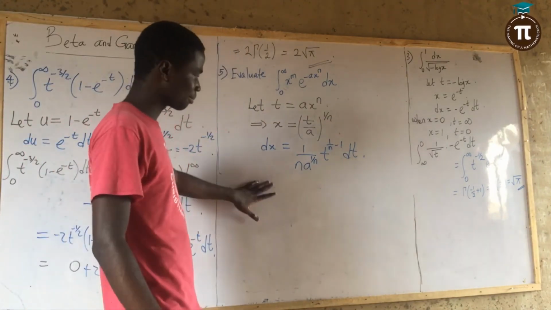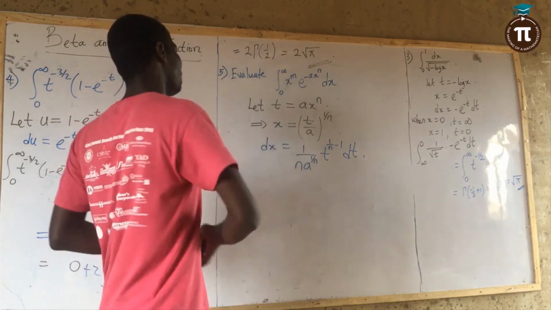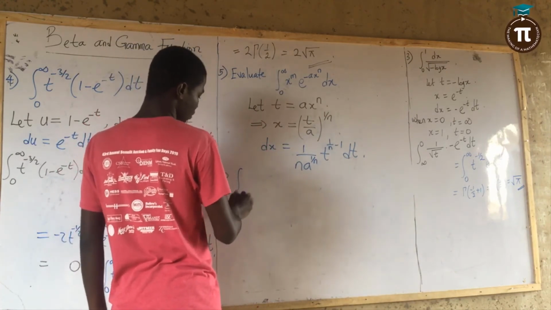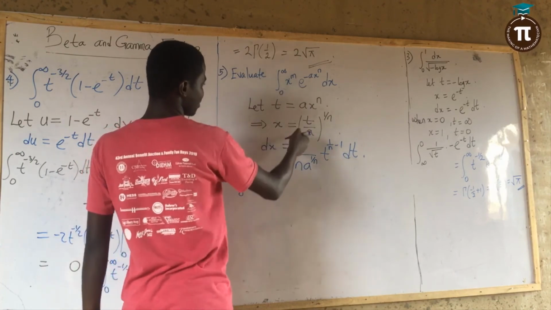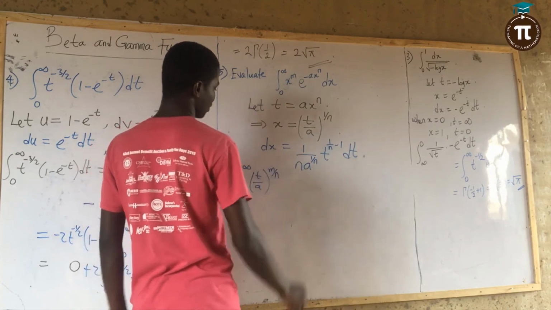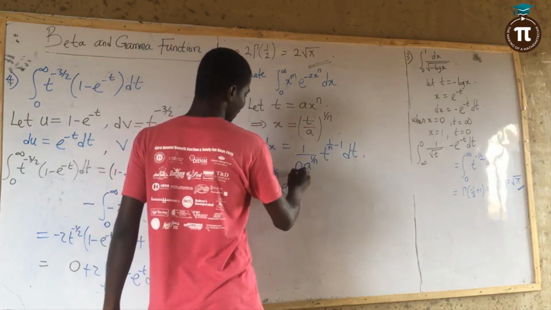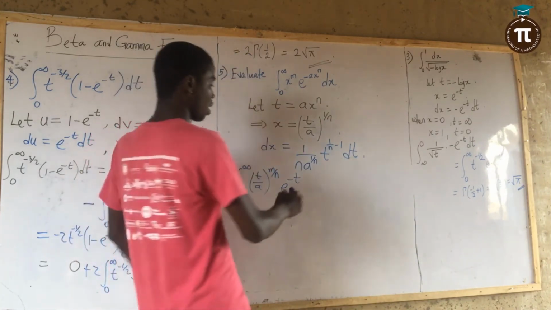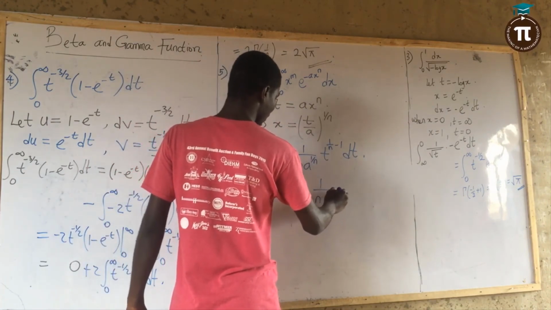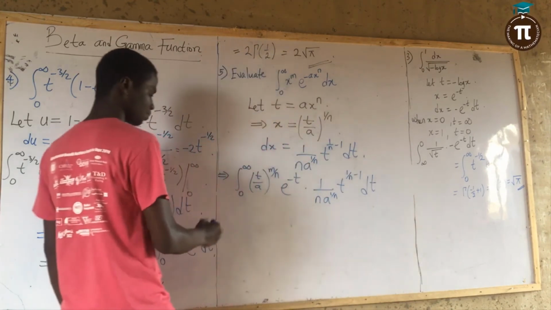What will happen next? When x is 0, t is 0. When x is infinity, t is infinity. So I will have an integral from 0 to infinity. x is this: I have t over a raised to the power m over n, e raised to the power of minus t. dx is 1 over n a raised to the power 1 over n t raised to the power 1 over n minus 1 dt.